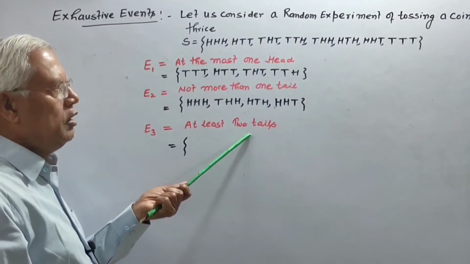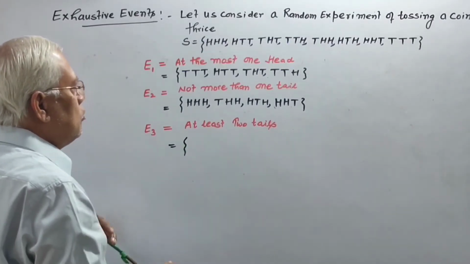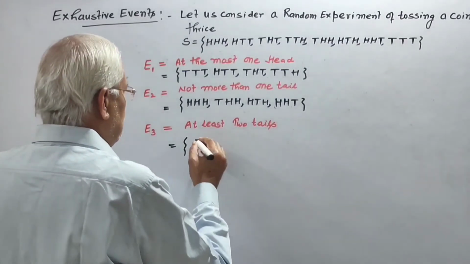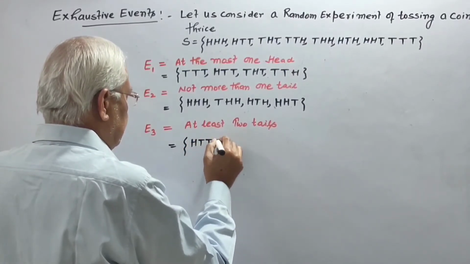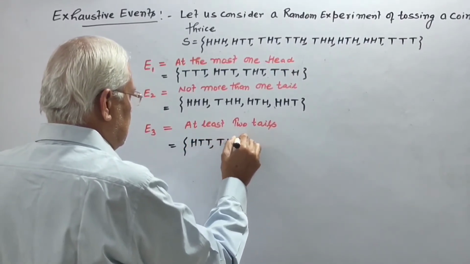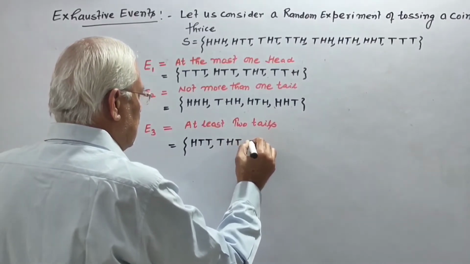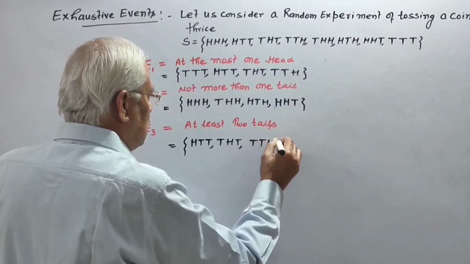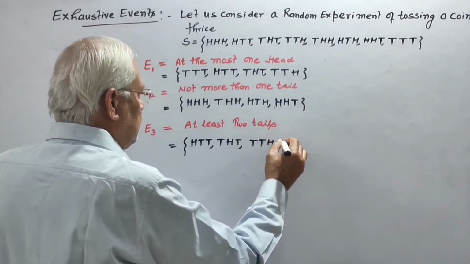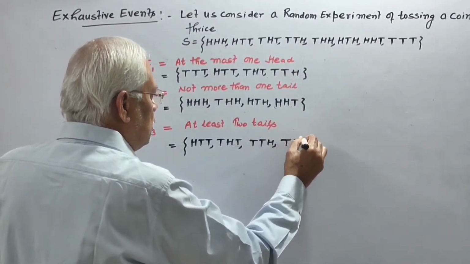means 2 tails and 3 tails. So, cases of 2 tails are HTT, THT, TTH and 3 tails TTT.